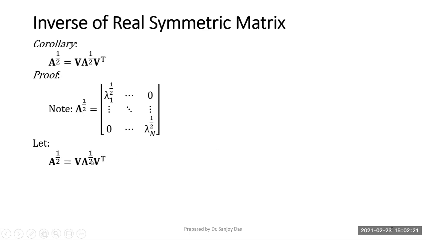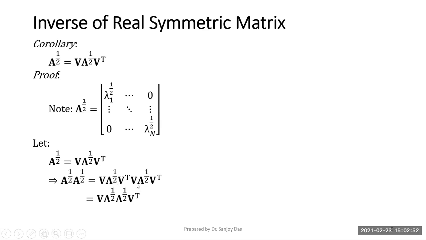So let A half equal V lambda to the half V transpose. This is what we have to prove. I'm working backwards, assuming this is true, and then I do A half times A half, square root of A times square root of A, equals V lambda half V transpose, V lambda to the half V transpose. What's V transpose V?